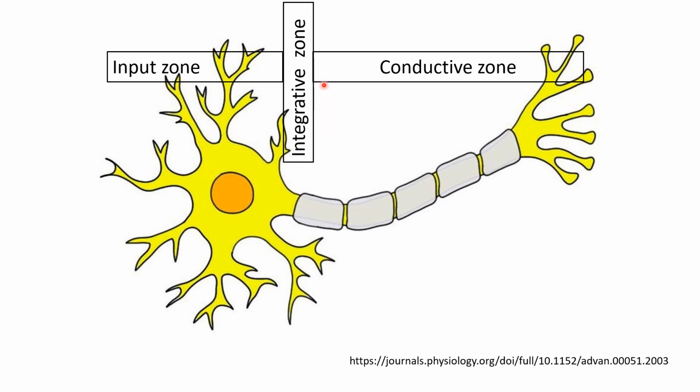The next zone is the integrative zone. Here at the axon hillock, the integration of these inputs will be processed, and it will decide whether to proceed as an action potential throughout the axon or not, through this conductive zone, which will conduct this type of information to the axon terminals, in which they will synapse with the next neuron or neurons.